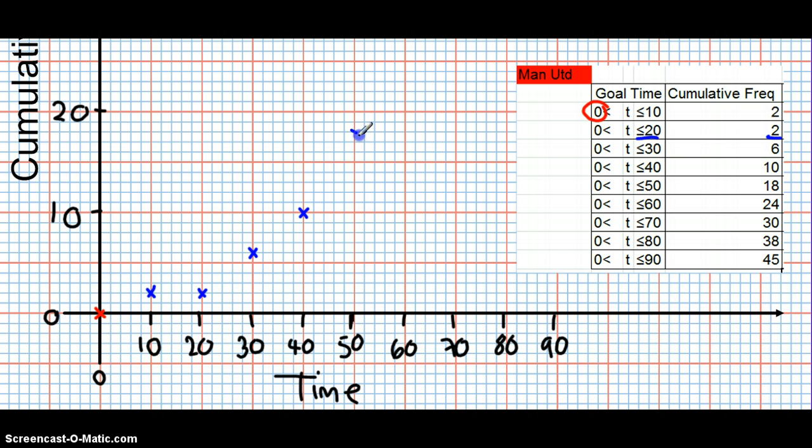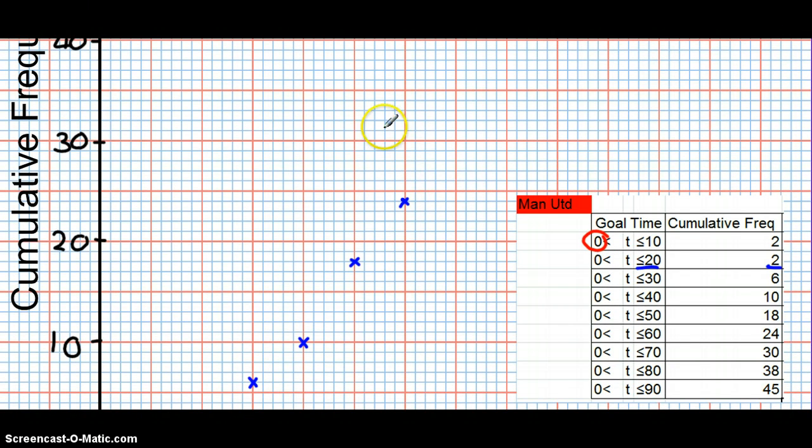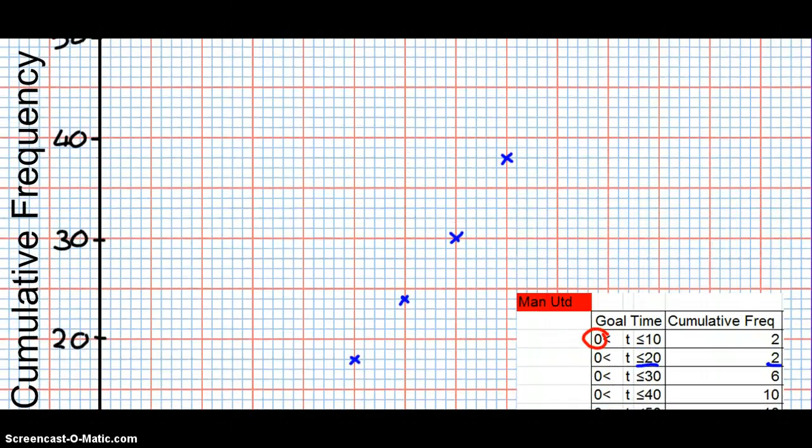Continuing on, we've got 18, 24, the next one is 30, the next one is 38, and then finally when we get up to the 90th minute, they scored 45.